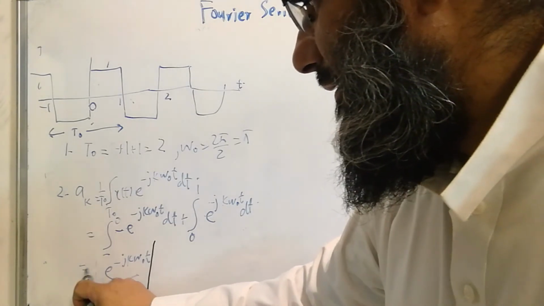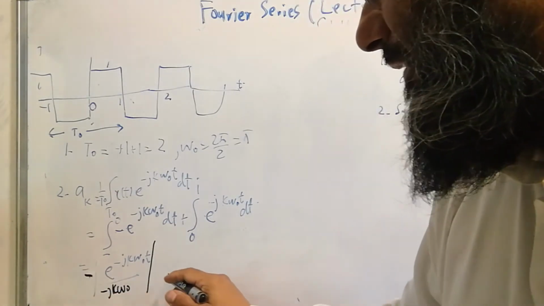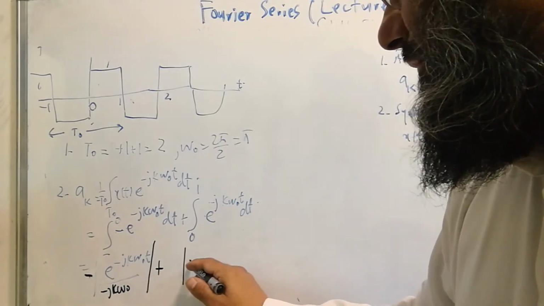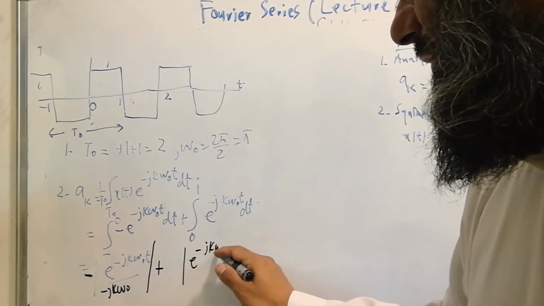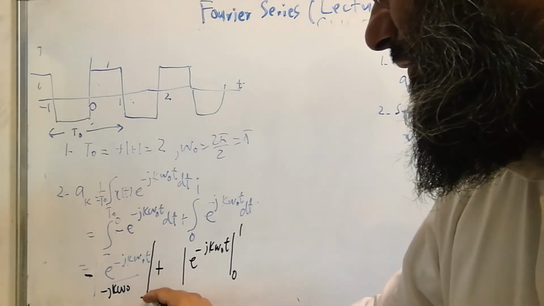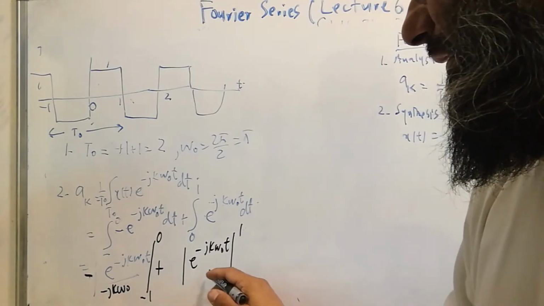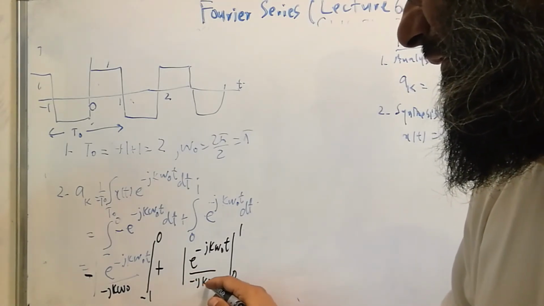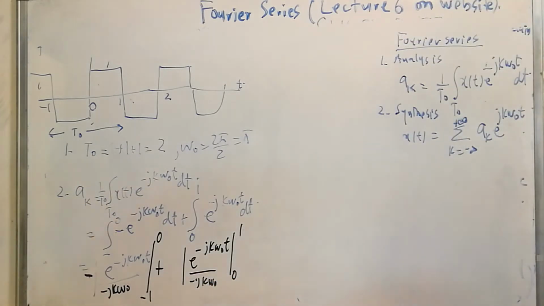Well, there is a negative sign here, so it will eventually become plus. It will be e raised to minus j k omega naught t from 0 to 1. This is from minus 1 to 0, and this will be divided by minus j k omega naught.